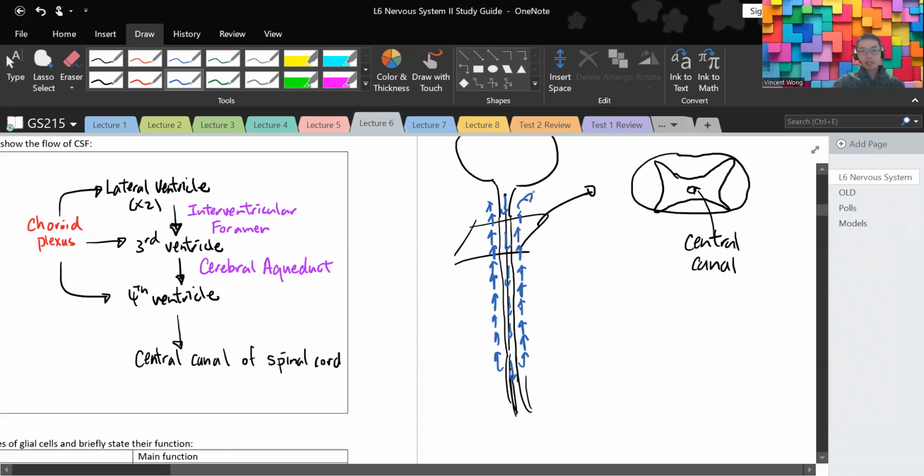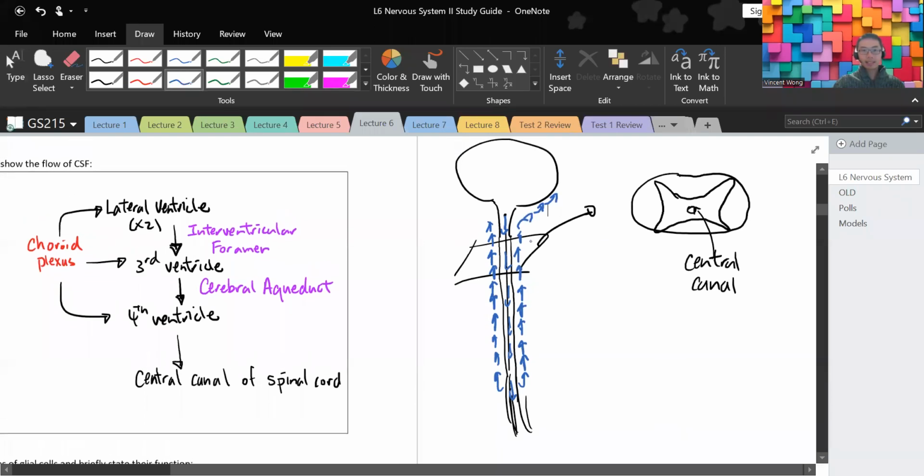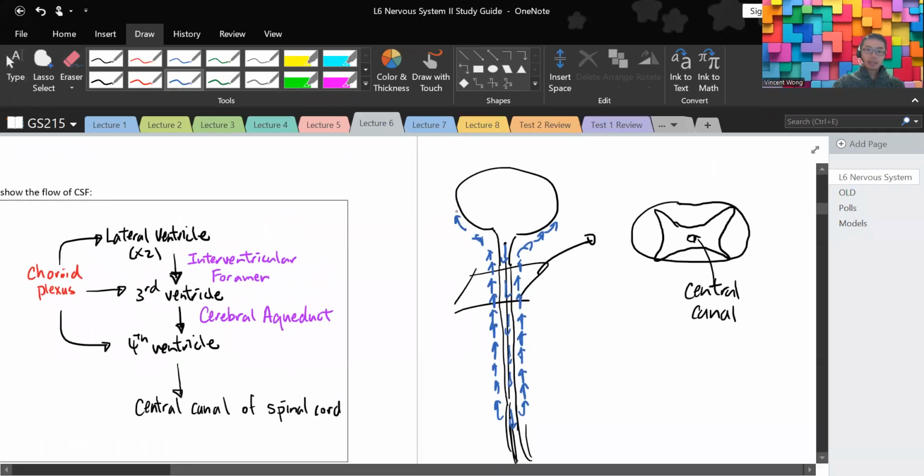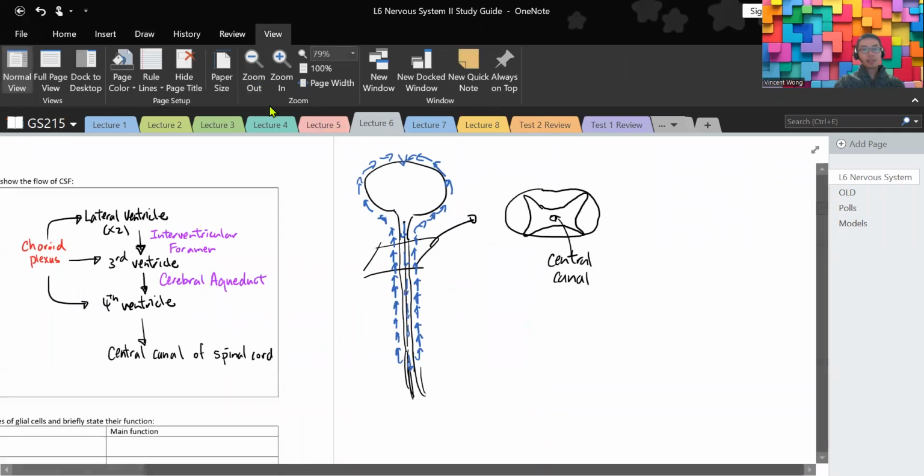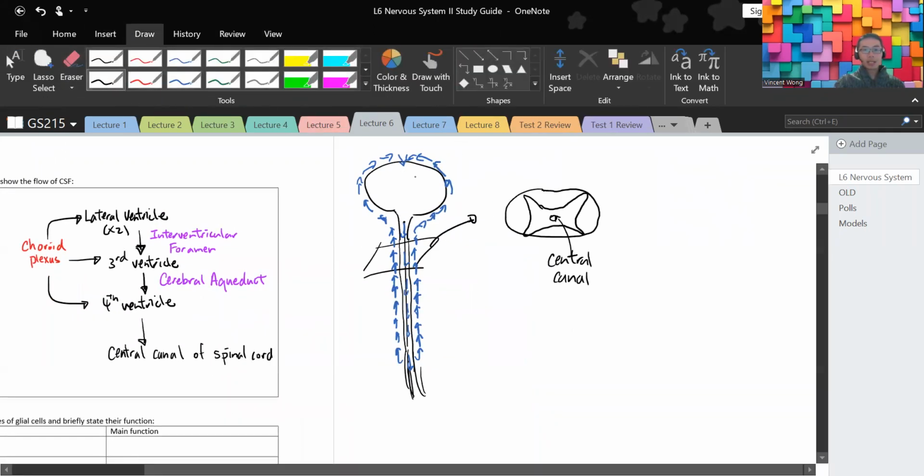Then it's going to surround your brain like that. Do you guys understand what I'm trying to draw here? So we started at the lateral ventricle, you have two of them. They drain into the third and the fourth, and then the central canal. And then it just goes all the way back up to the head.